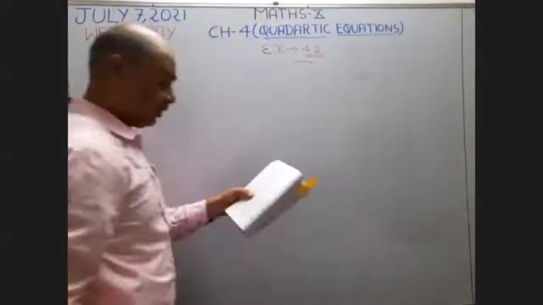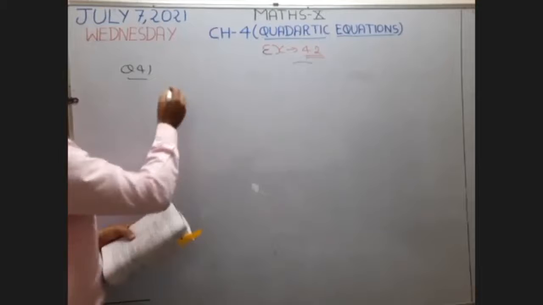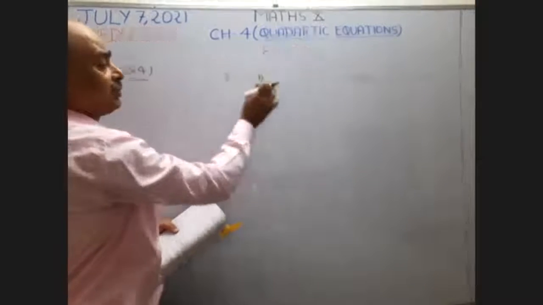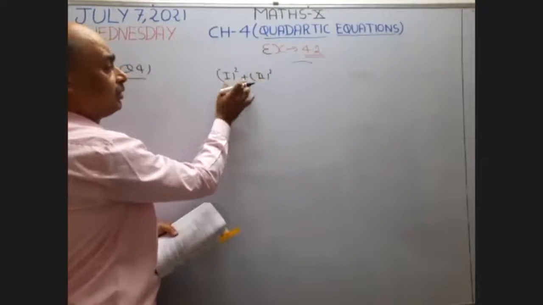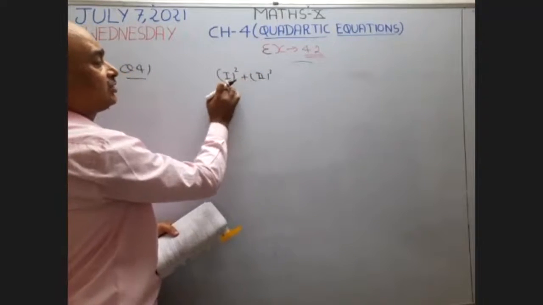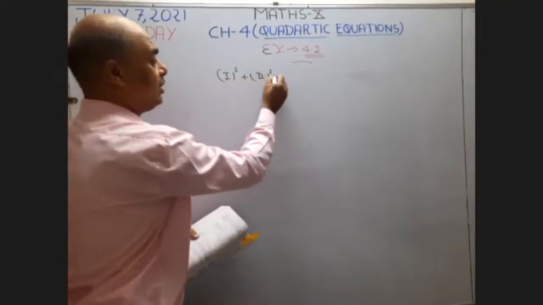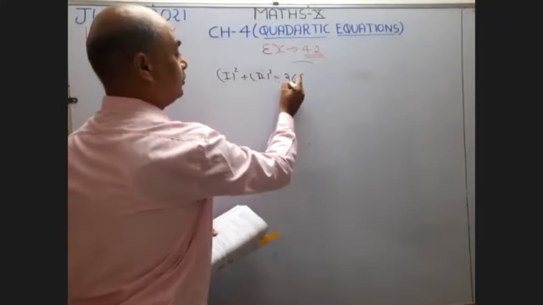So there are two consecutive numbers, the sum of whose squares. Sum means plus. Square means the first number and second number are going to be squared. After that, taking the positive sign, these two are equal to 365. This is given.